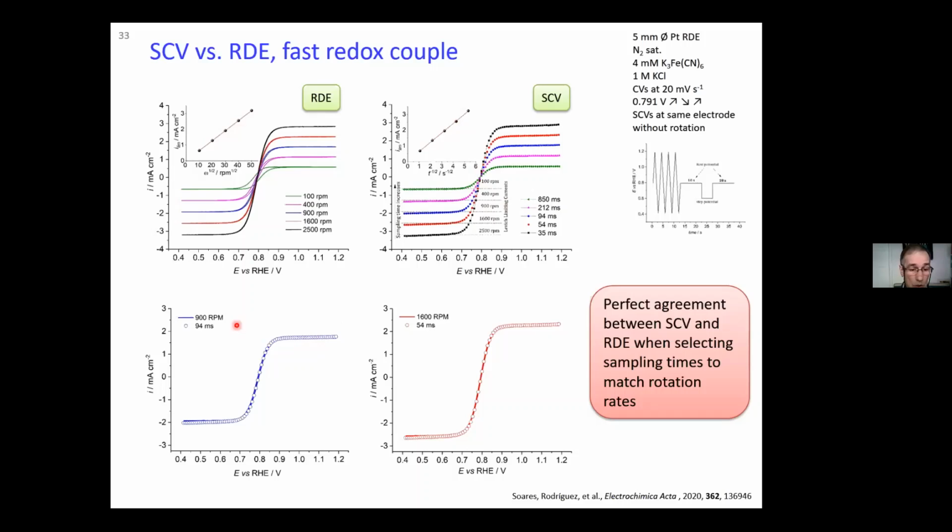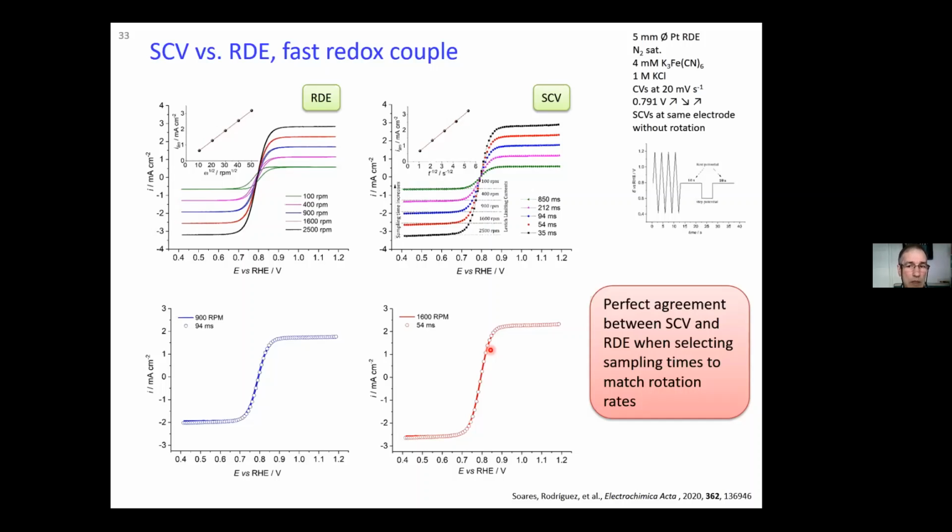If we look, for example, at the voltammogram at 900 RPM, that's the lines, and the sampled current voltammogram selected at 94 milliseconds, you see there's an excellent agreement between the two. And again, at 1600 RPM, corresponding to 54 milliseconds, we again find an excellent agreement between the sampled current voltammogram and the rotating disc electrode voltammogram.